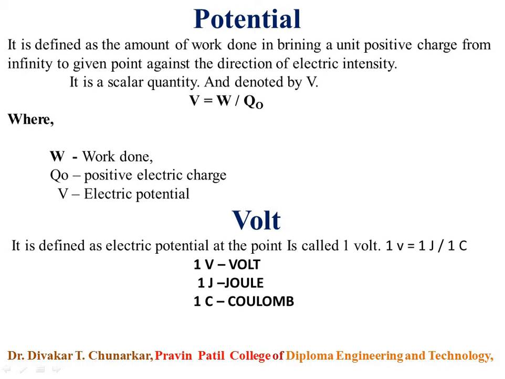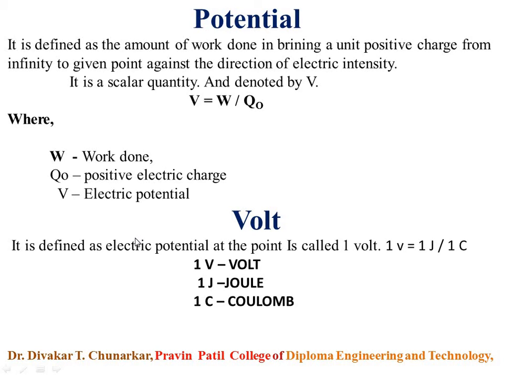The unit of electric potential or potential difference is volt, keep in your mind. So what is 1 volt? 1 volt is defined as the ratio of 1 joule per 1 coulomb. Or another way, it is defined as the electric potential at the point.